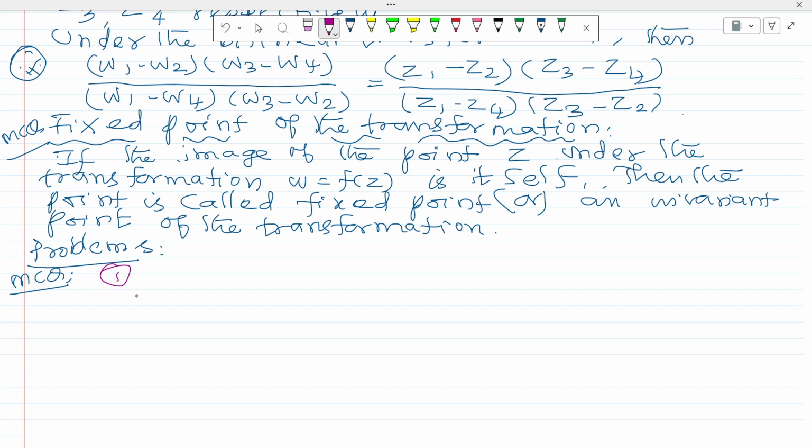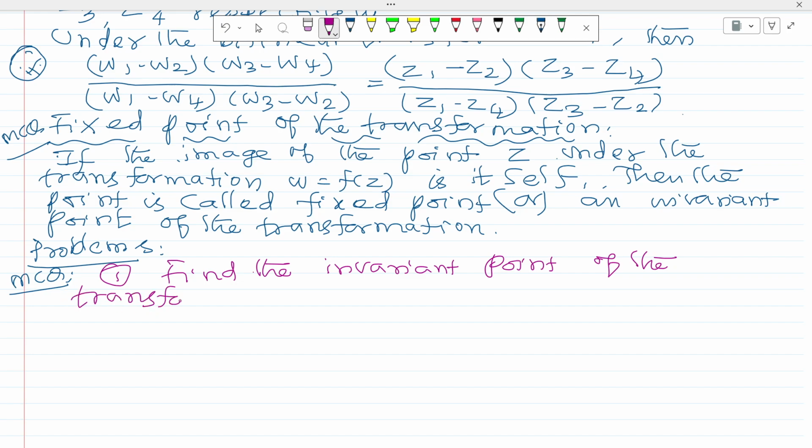First one: find the invariant point of the transformation W equal to 2z plus 6 divided by z plus 7.